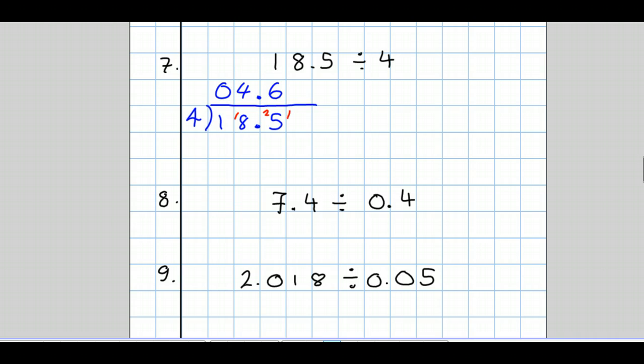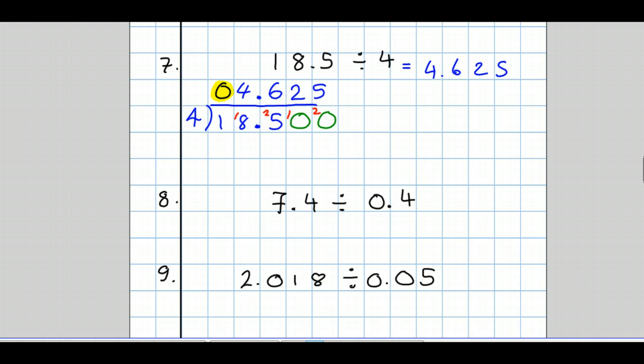What do we do here? Well, if you remember, we add a 0. 4's into 10 go 2 times. Ooh, there's still another remainder. What happens here? Well, we add yet another 0. 4's into 20 go 5 times. So the answer is 4.625. Notice how I ignored, when it came to the final answer, that 0 in front of the whole numbers.